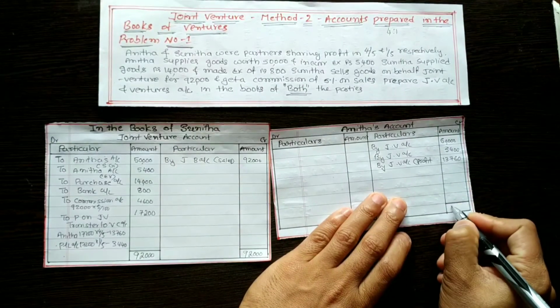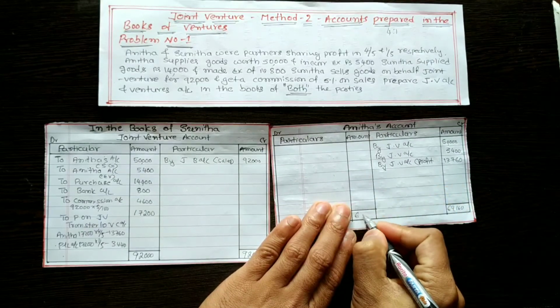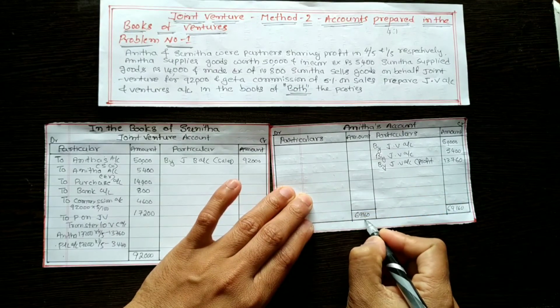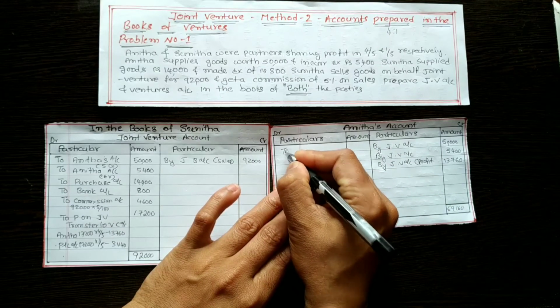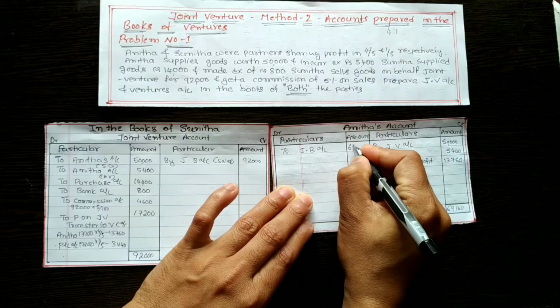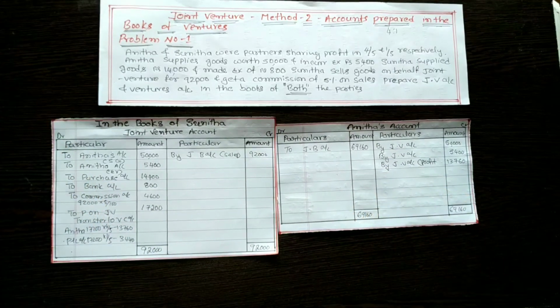It is about 69,160, and total 69,160. Here no entries, so the ultimate balance should be transferred to joint bank account, about 69,160. This is a very simple problem.